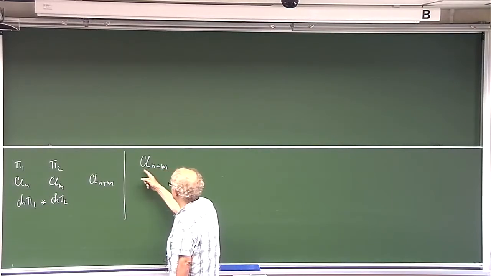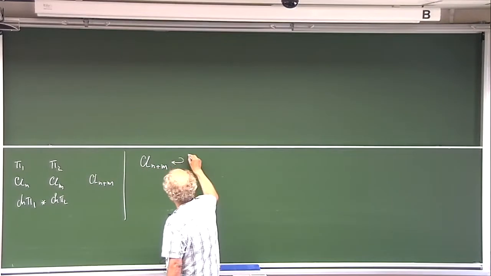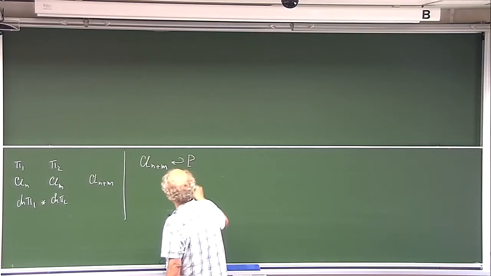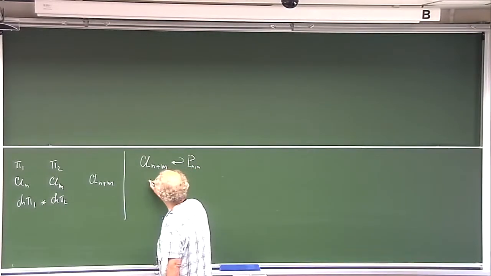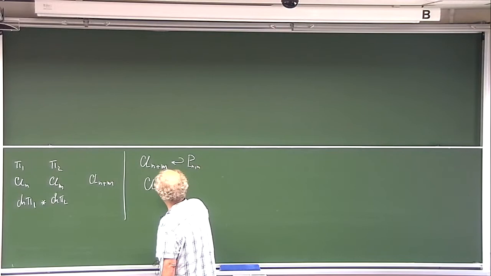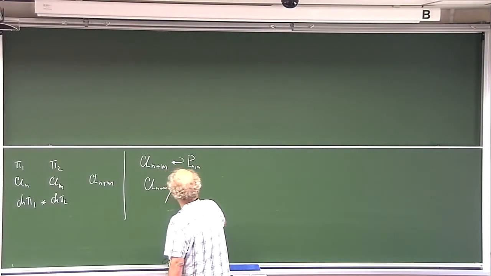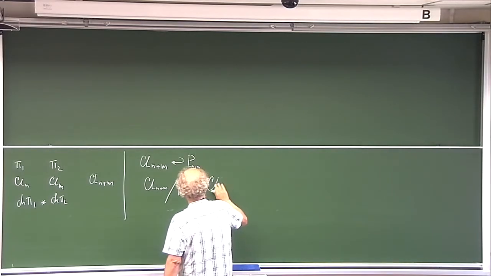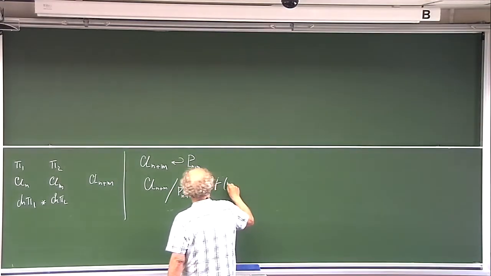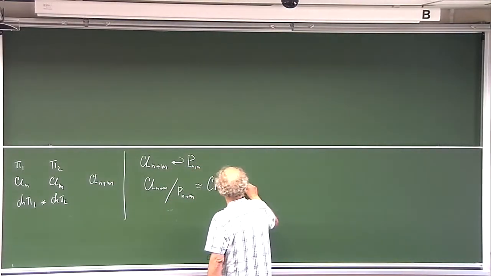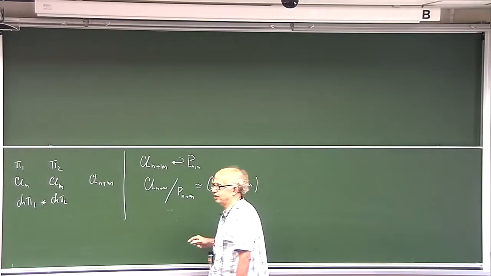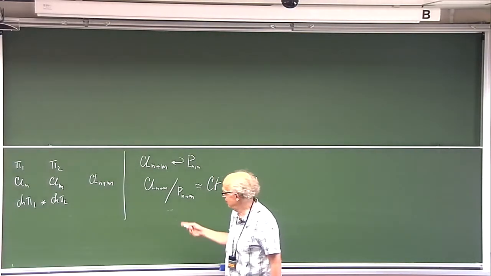And in GL_{n+m}, we have a parabolic subgroup P. This parabolic subgroup is such that the quotient GL_{n+m} over P_{n+m} is isomorphic to the Grassmannian manifold of n-dimensional subspaces in n+m dimensional space.